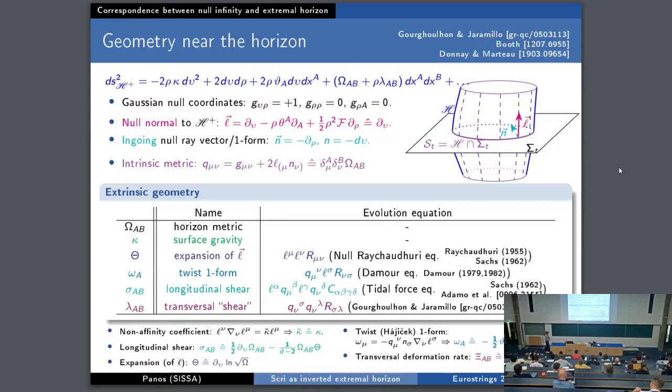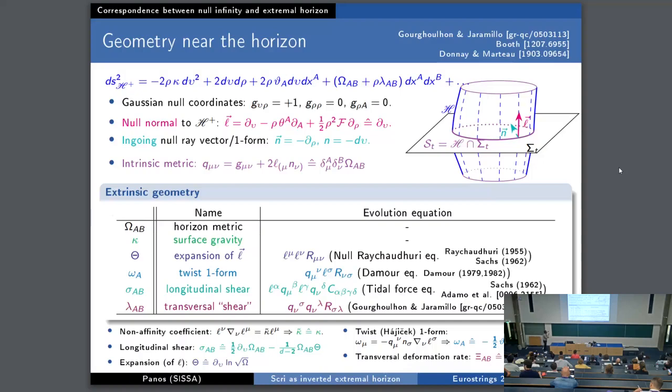All the other fields that appear, like kappa, theta, omega, lambda, depend on both the advanced time coordinate and the x^A coordinates that chart cross-sections of the horizon. We loosely call these x^A directions spatial directions, so whenever I say spatial, we really mean along these cross-sectional directions.